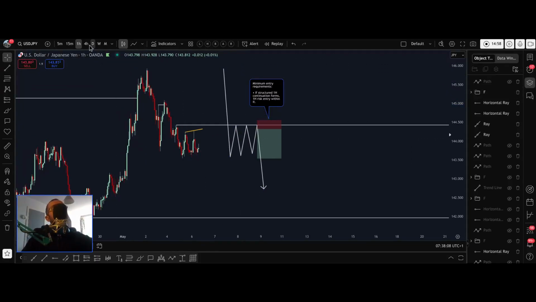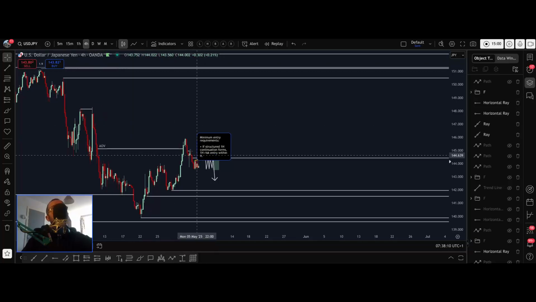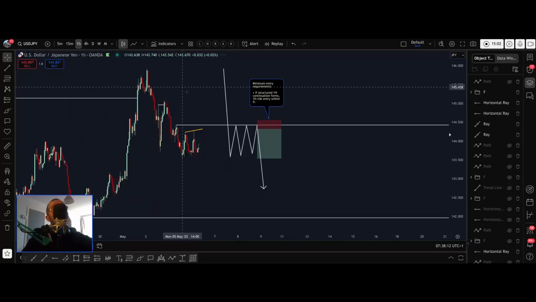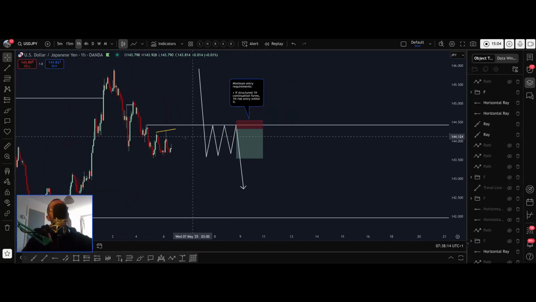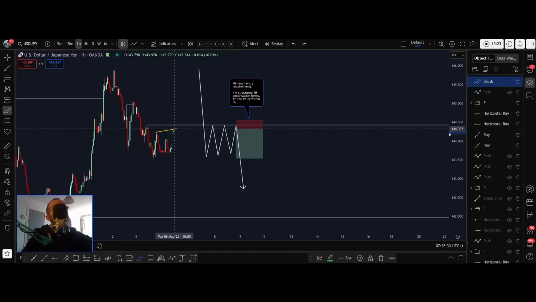So if we get this 1-hour structure, if we zoom out to the 4-hour chart, I can't really see this structure there. I can see it on the 1-hour chart, so therefore this is a 1-hour structure. If we push up into these areas, okay, I would consider getting short here, even if we only tapped into here, because I could put my stop loss above here to mitigate the chance of a tag in, tag out, and it does that and then drops.